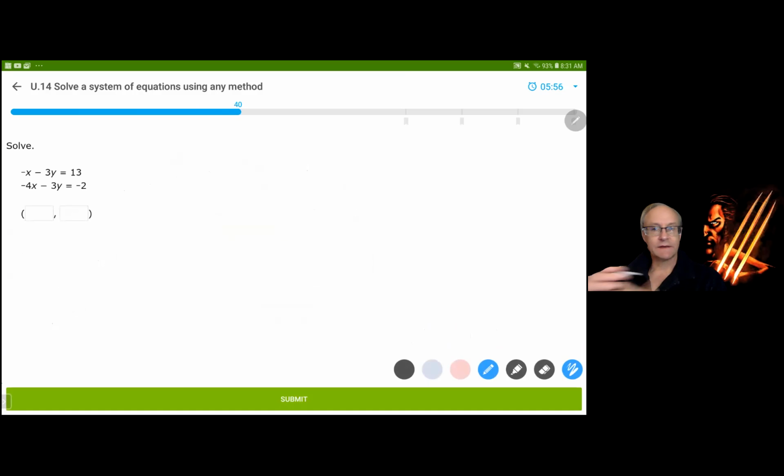Now since these are set up in standard form, I'm going to leave them in standard form. I'm going to use addition method this time. Now, some people are going to call this subtraction method. I recommend that I'm going to go ahead and change the signs of all the terms in the bottom equation. And what I'm really doing is I'm multiplying both sides by negative 1.